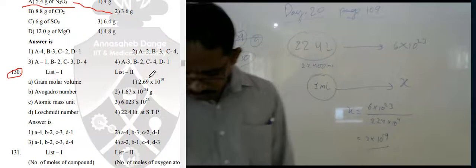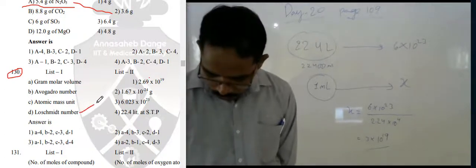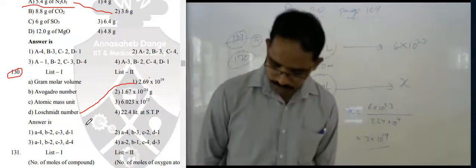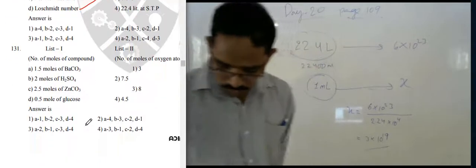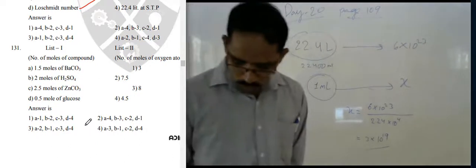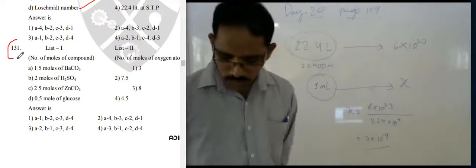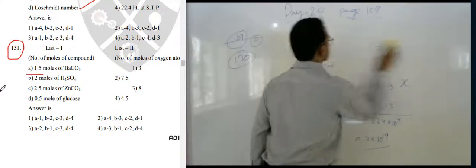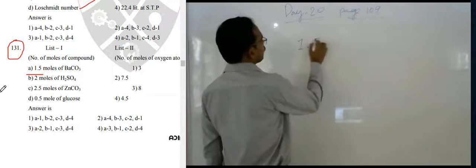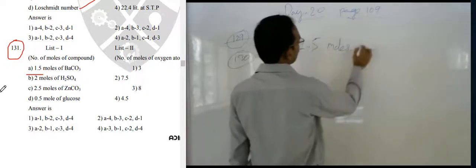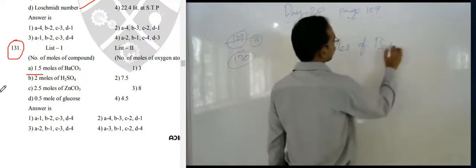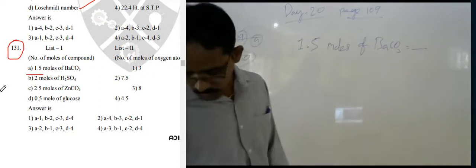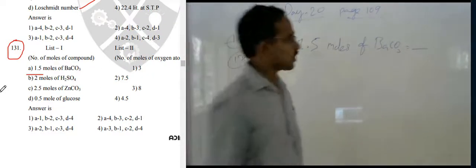Next 131. Number of moles of compound is given, number of moles of oxygen atoms. Here also I will explain one option in 131. 1.5 moles of barium carbonate contains how many number of moles of oxygen atoms?